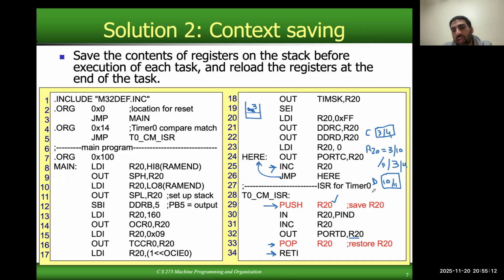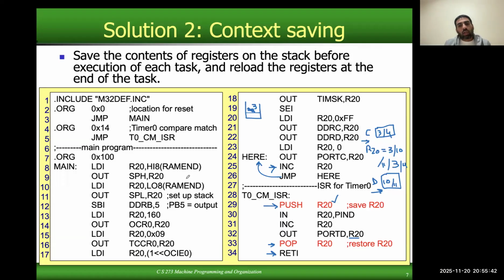So both D and C are working correctly, because both will show the numbers in incrementing order. Although both are using the same register, since we are saving the value of the conflicting register in memory, on the stack, by doing the push and pop, we will be fine. So that is the second way of handling the conflicting resources.